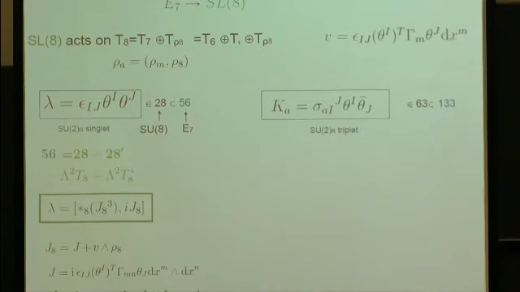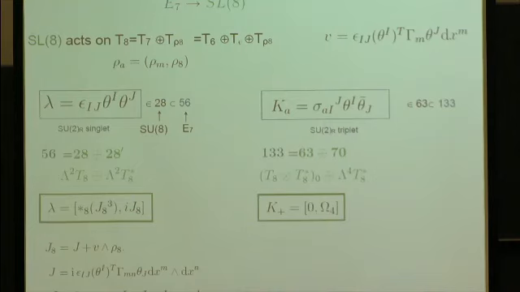While here, the K, which is in the 133, if I decompose this in SL8, this is in the 63 plus 70. The 63 is the adjoint, so tensor times one form and taking traceless, and then the 70 are 4 forms on the tangent space.